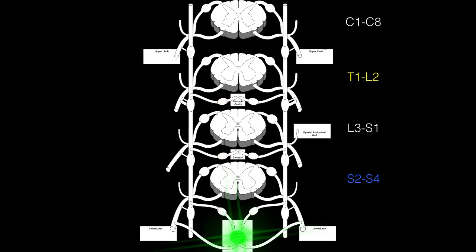And then finally, that green circle at the bottom, where the sigmoid colon box is, is representing a terminal ganglion, which the parasympathetic nervous system uses. So in that green box, we have another post-ganglionic motor neuron cell body that lives in there, but this is only for parasympathetic traces.